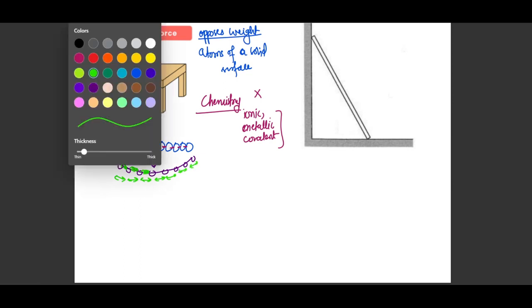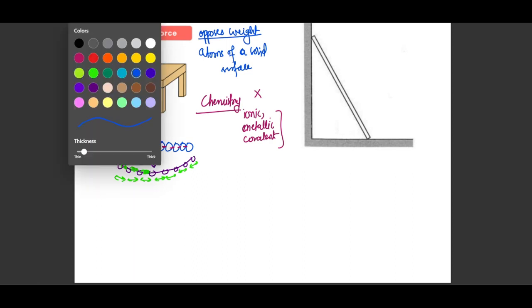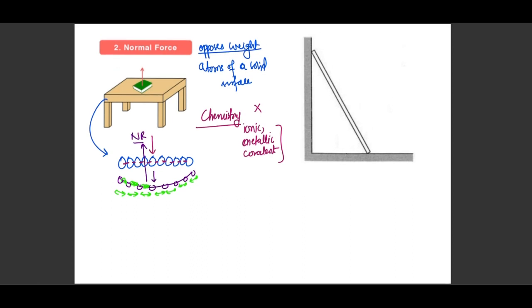And as a result of that, they try to stop this from happening because they are under strain, under stress. So what they do is they apply a counteracting force to this force, which is known as the normal reaction force, right? We represent this as NR generally in my questions, in my diagrams.